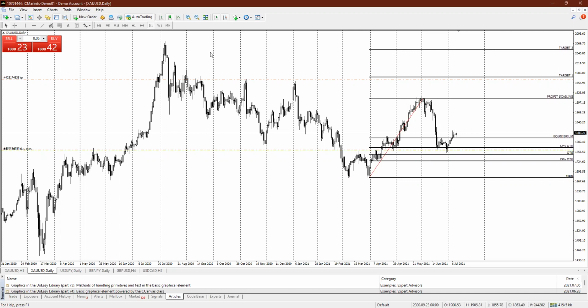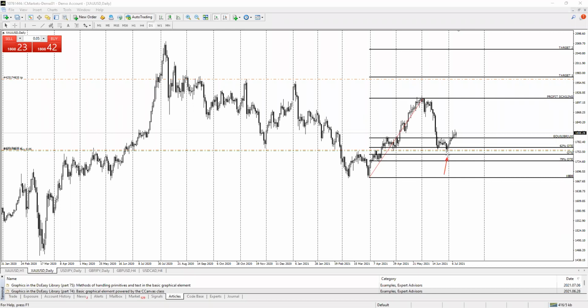You could see price came to try the OTE level and the 62 level. So now what's the next thing? You are going to just identify that zone. So this becomes an important level for you.